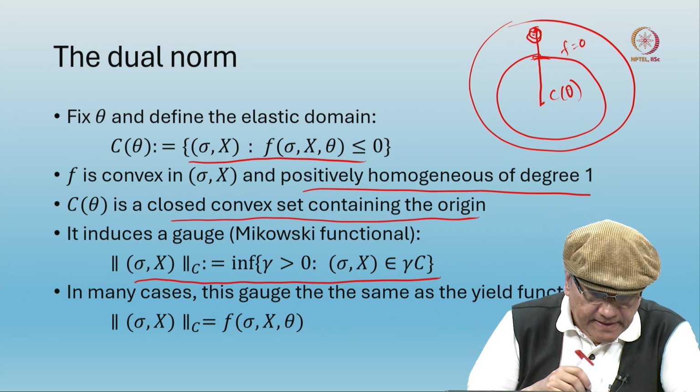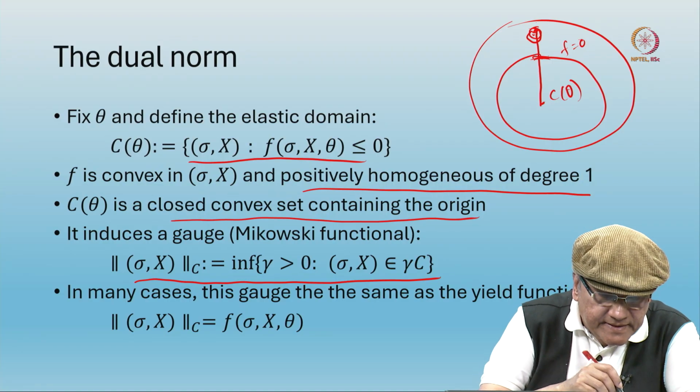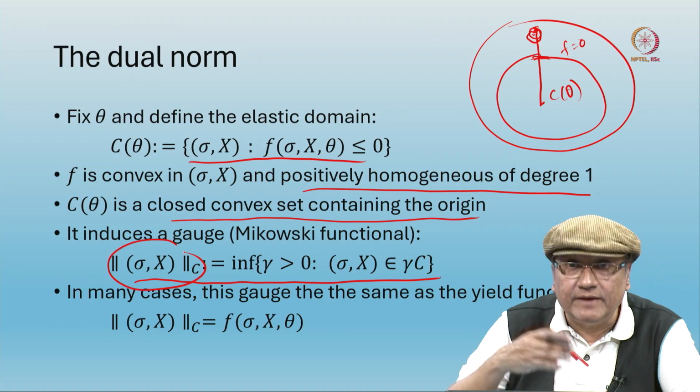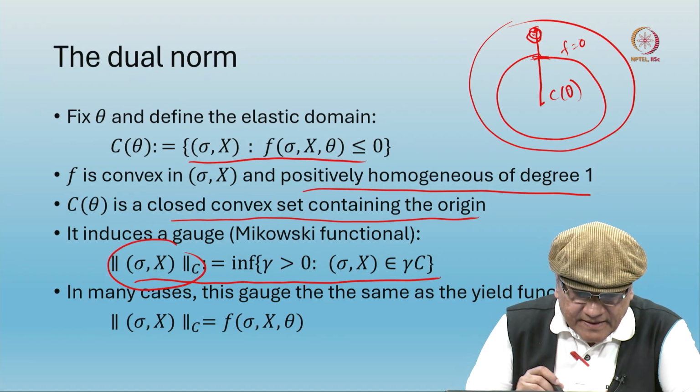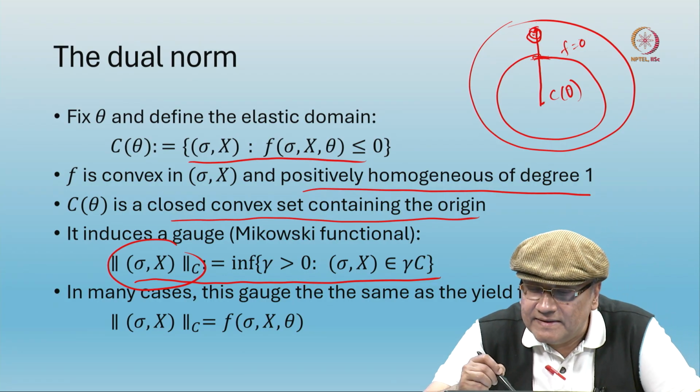So, corresponding to this, you can see that if I define this Minkowski functional this way, this is the infimum of all this gamma, right. What is this gamma?